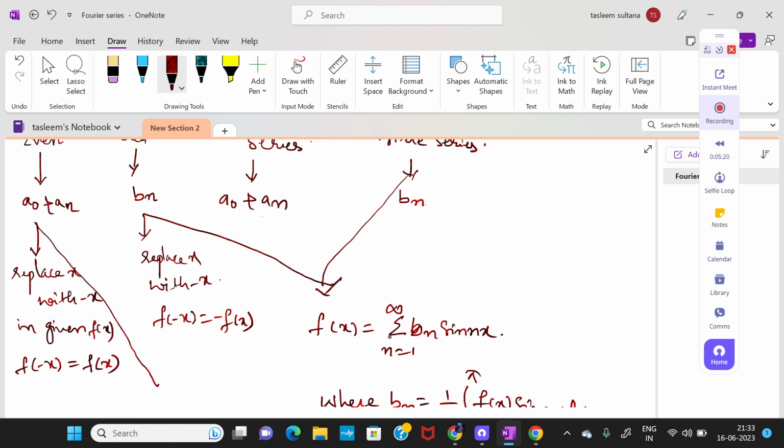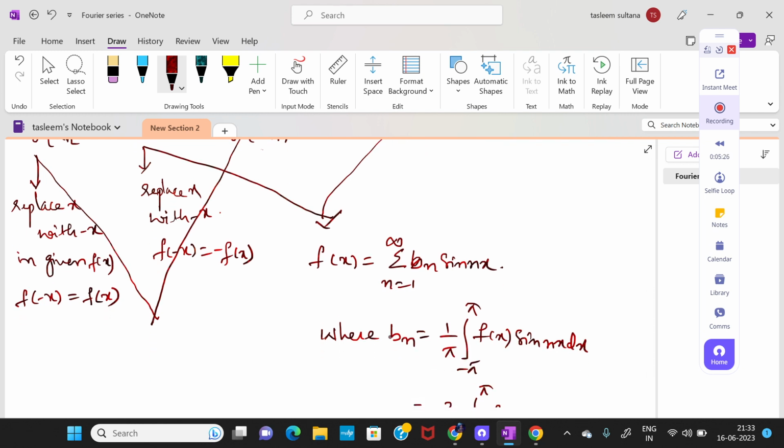when it is even and they ask for the half range cosine series, then you have to find f of x equals summation n equals 0 to infinity. This also has to be 0 to infinity, not 1 to infinity. Then here it's a naught plus, one second, I'm writing wrong.